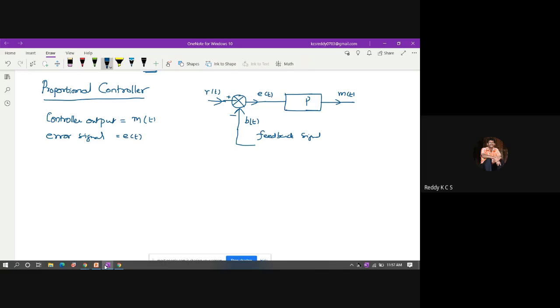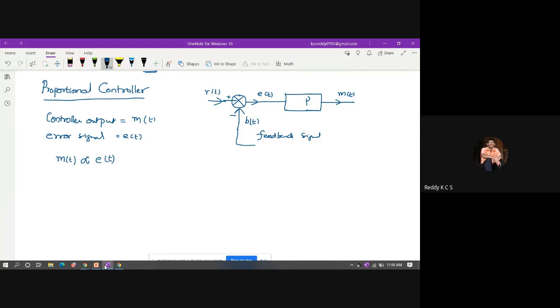As I said in the definition of the proportional controller, the output of the controller, m of t, is directly proportional to e of t, the error generated. Mathematically, the manipulated signal, or controller output, is proportional to the input of the controller.